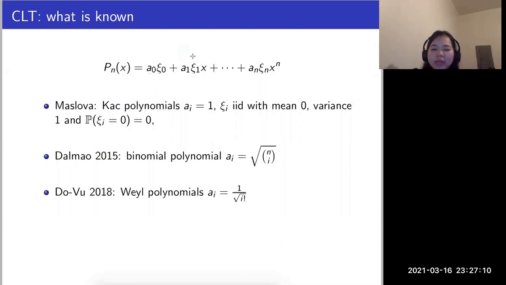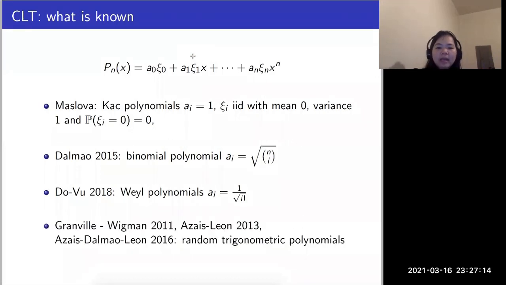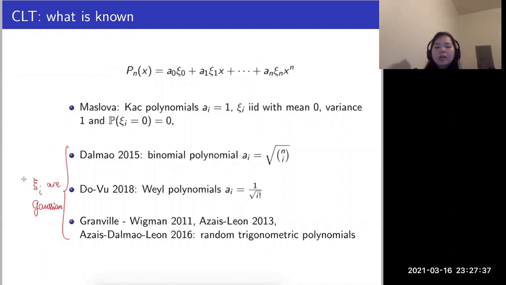Do and Wu in 2018 showed it for the Weyl polynomial, and Granville and Wigman in 2011, Azaïs and León in 2013, Azaïs, Dalmao and León in 2016 showed the Central Limit Theorem for random trigonometric polynomials. But all these results are only done for the Gaussian.